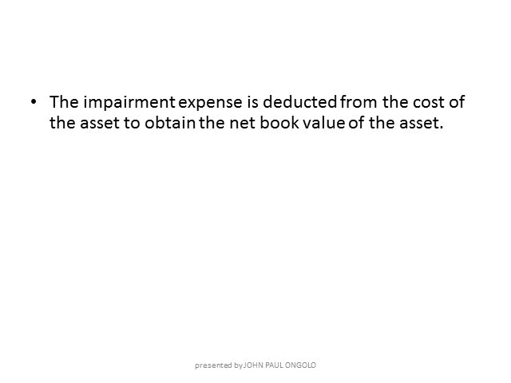The impairment expense, hence, is deducted from the cost of the asset to obtain the new net book value of the asset. Hence, in other words, it means that the net book value of the asset will be the difference between cost less depreciation and impairment expense.